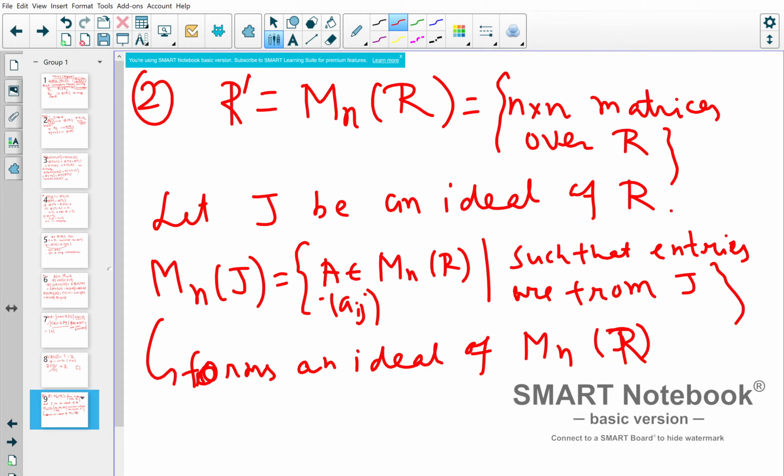So you can define this homomorphism and everything. Okay. So what is that map?